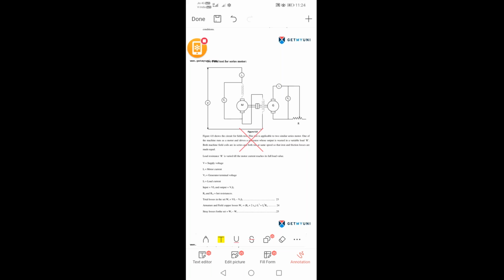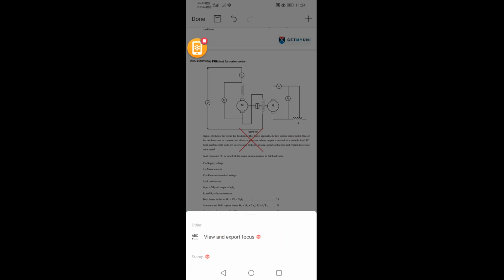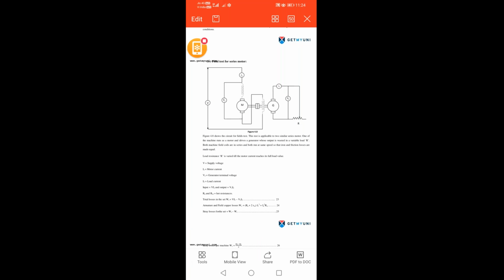Right? And V is the supply voltage. If you observe this diagram here, we have two ammeters and voltmeters V1 and V2. So what is the value indicated by V1? V1 దేని ఇండికేట్ చేస్తుంది? What is the indication of V1?